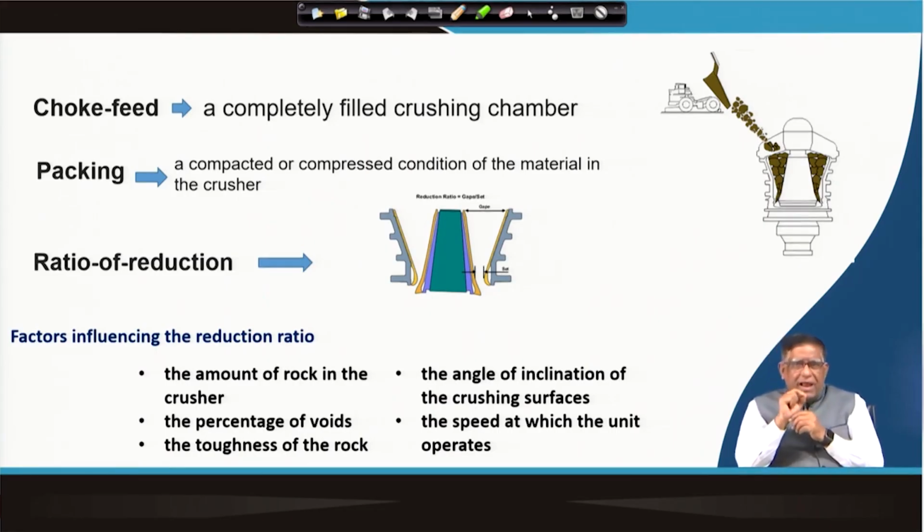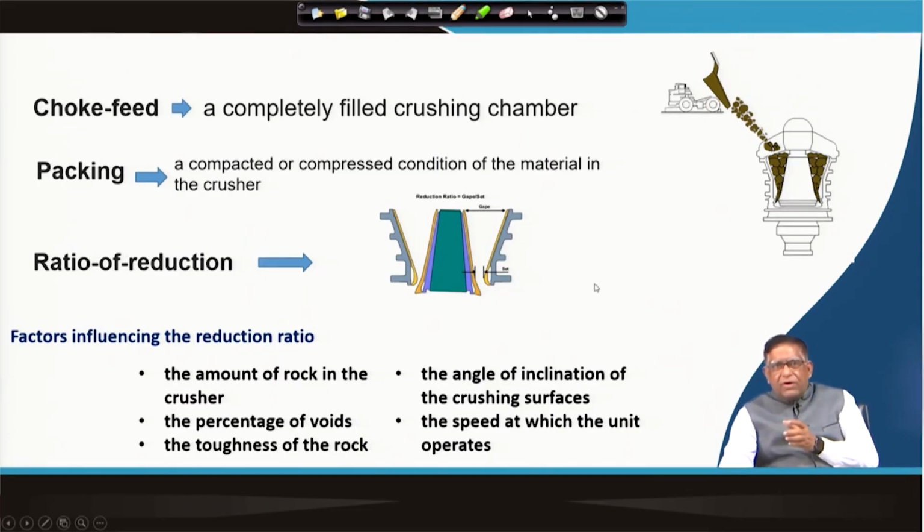The mine to mill concept is very common nowadays: you design your blasting in such a way that the reduction ratio required in the crushing plant is not very big. That means you already get fragmented material, then the energy required in the plant will be less, and that is why it will be much cheaper.